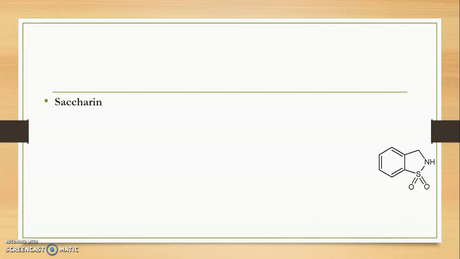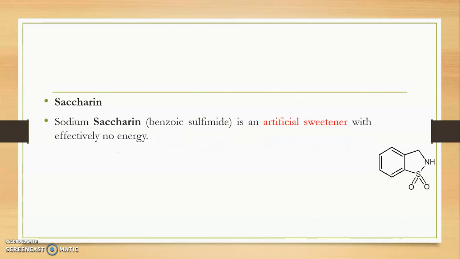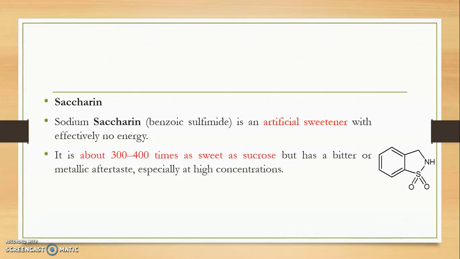After this, the second product that we are going to discuss is saccharin. Saccharin, which is also known as sodium saccharin or benzoic sulfamide, is an artificial sweetener with effectively no energy, because we know that consumption of sugar increases the calories. So a substitute for this is saccharin, which does not have any energy and is a common ingredient of sugar-free tablets.